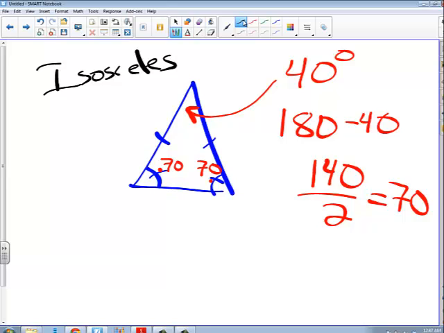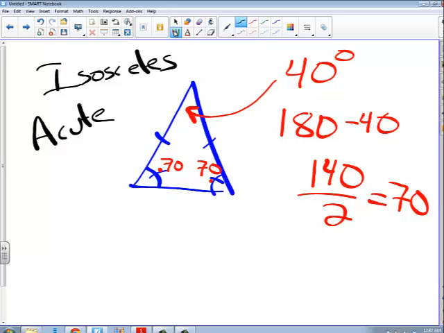Okay, that's one label. What is another label? Yep, Cynthia, that's right. That is also an acute triangle, because all three of the measures are less than 90 degrees.